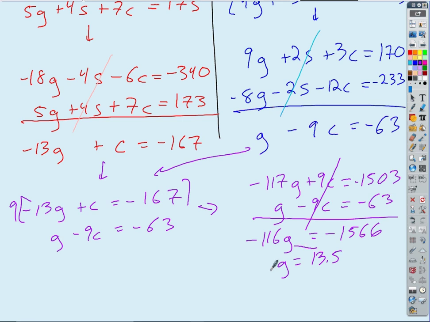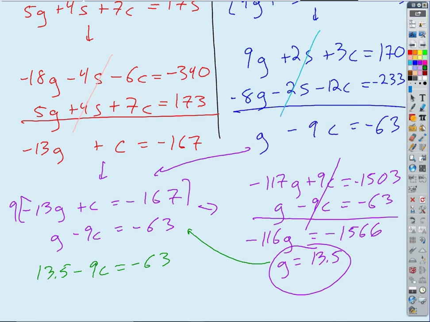Okay. So if G is 13.5, let's go back to where? Probably G minus 9C. Bottom one, yeah, that'd be easier, wouldn't it? So we'll go there. So then if we plug that in, we're going to get 13.5 minus 9C equals negative 63. So what do we got to do?